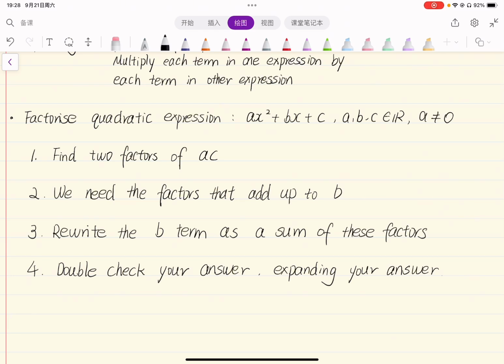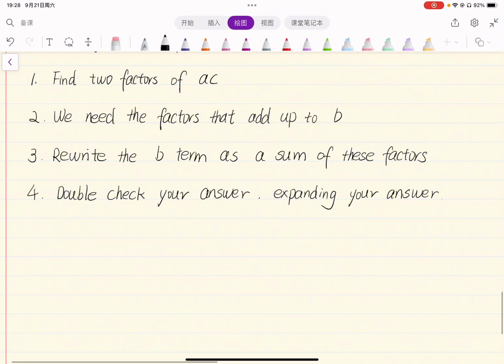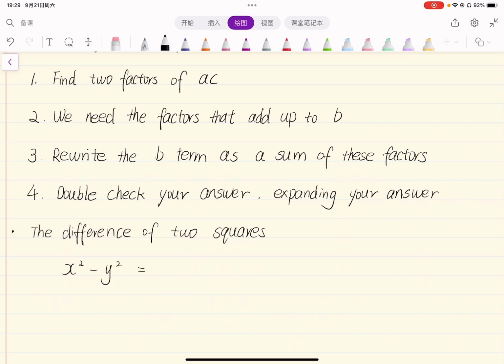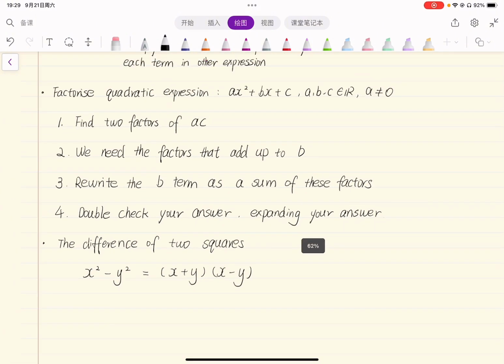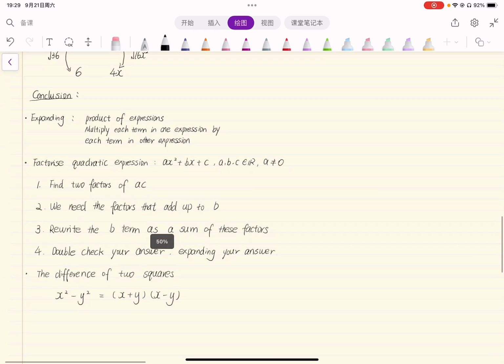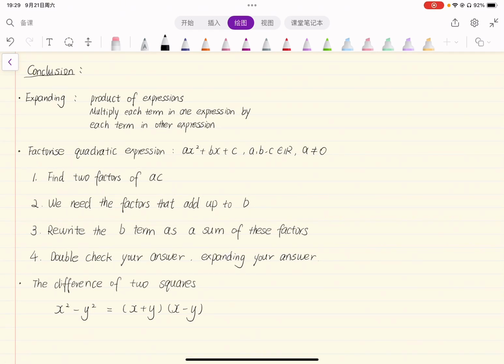And the last one we have learned is the difference of 2 squares. That is x squared minus y squared equal to x plus y times x minus y. That's what we have learned in this video today.